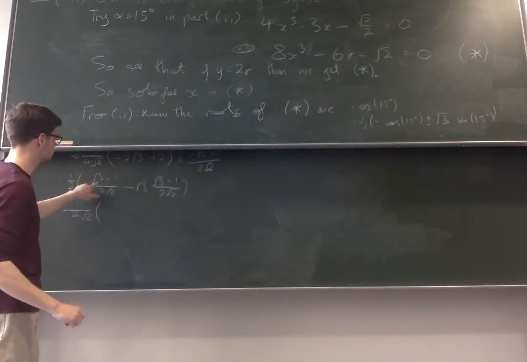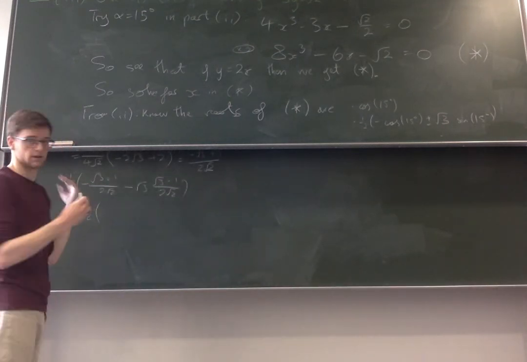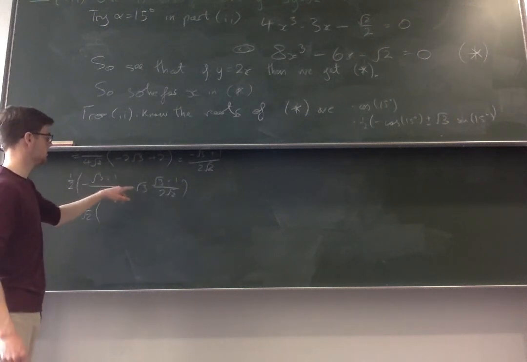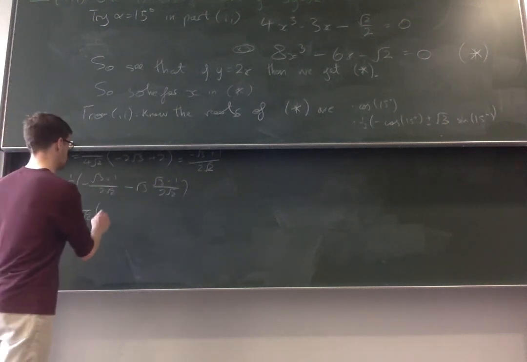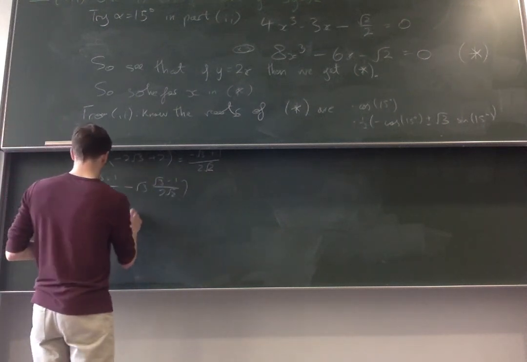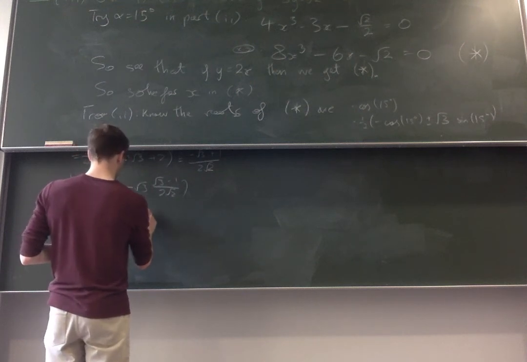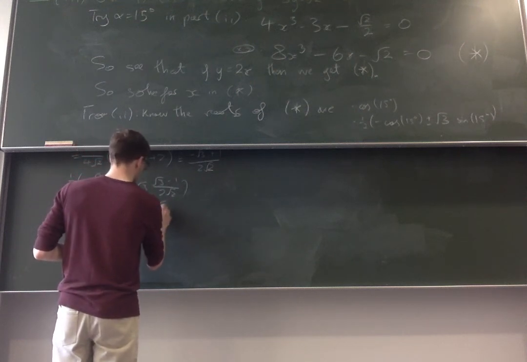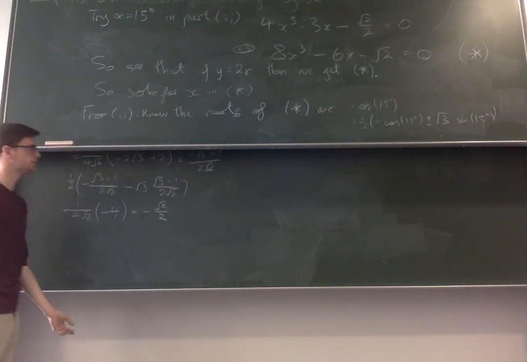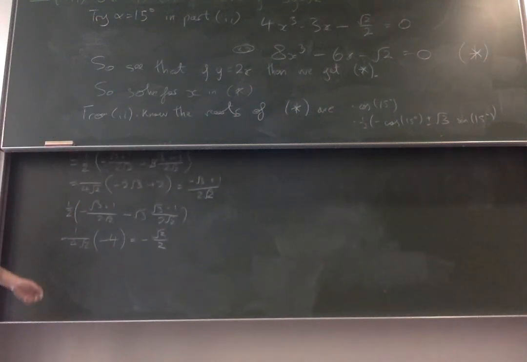So minus root 3 minus root 3, so that's just 0, and then minus 1 minus root 3 squared, so that's going to get me minus 4, which gets me minus root 2 over 2. Okay, so now we know our values for x.